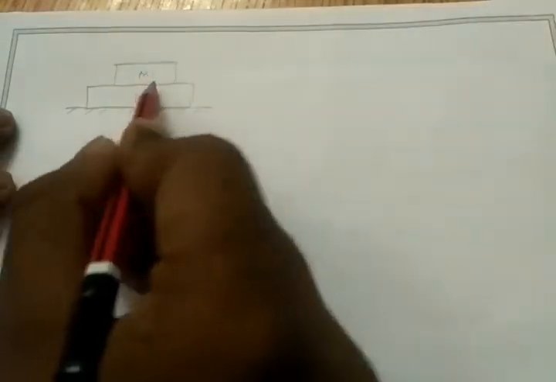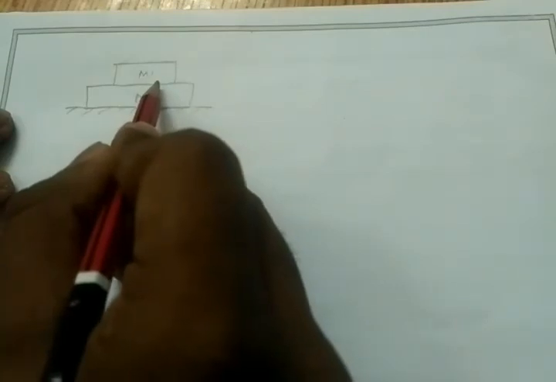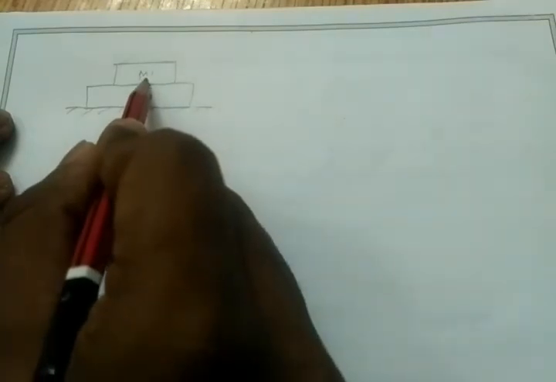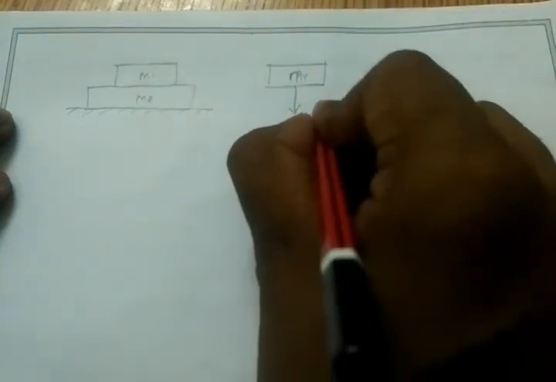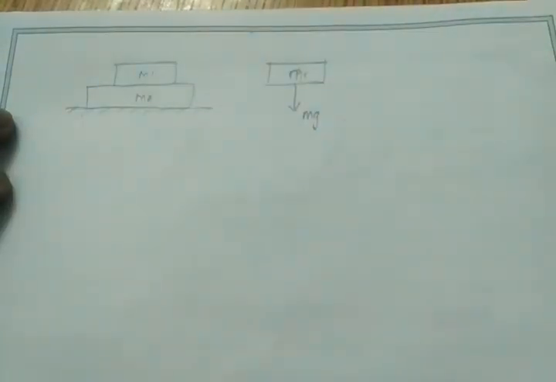So here M1 has a certain mass. So weight force acts by m1 towards the ground. If I draw here for m1, this m1 has some weight which acts towards the ground. Clear?